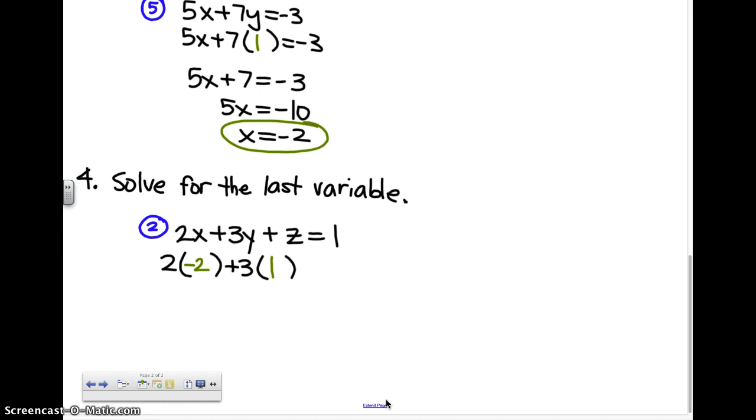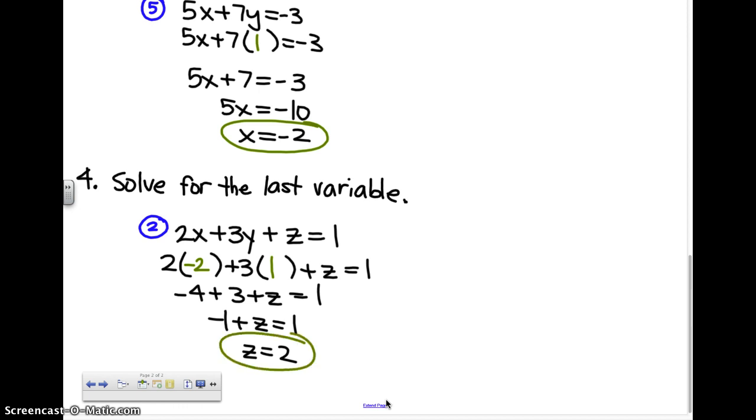And now I know that I'm going to have to work to get z. Okay? Z equals 2. That means my solution is negative 2, 1, 2. X, Y, Z. That is a long process.